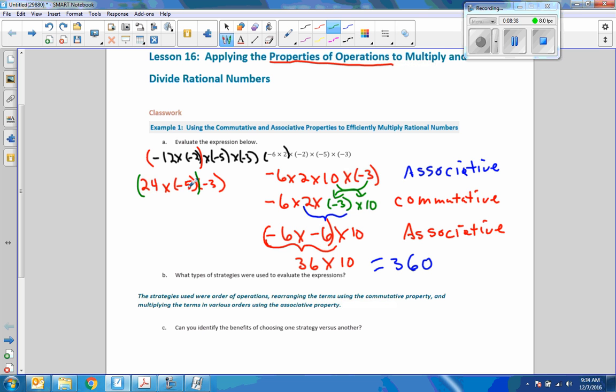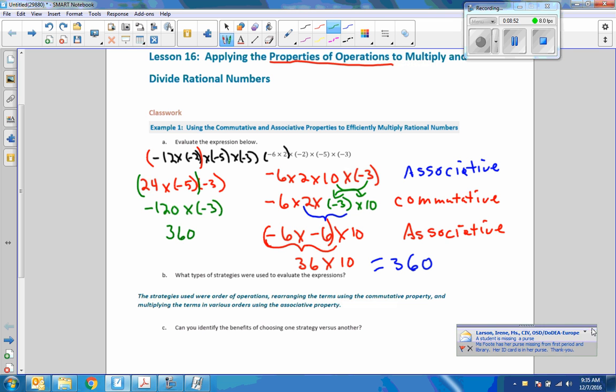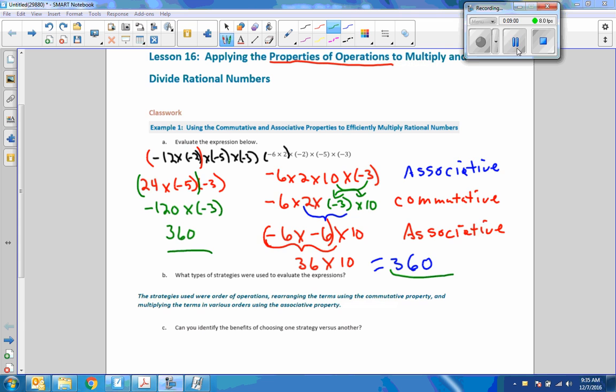So now 24 times a -5 is -120, and I'm going to multiply that by -3. And then finally 120 times 3 is 360, and the negative is positive. Okay? Negative times a negative. So I got 360, I got 360.